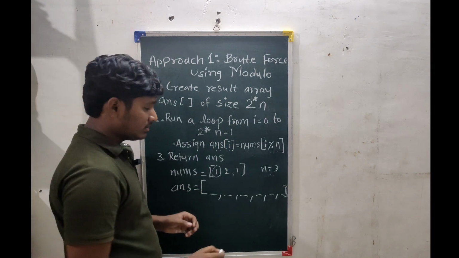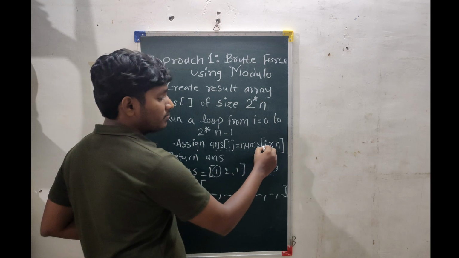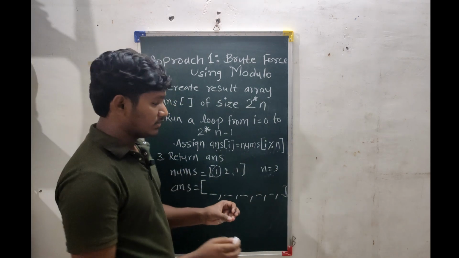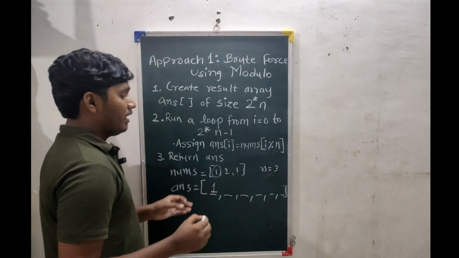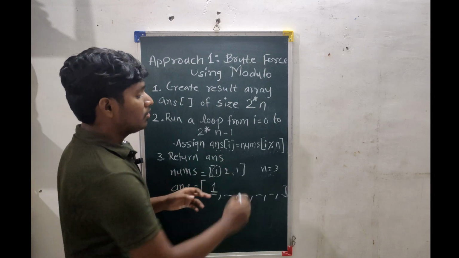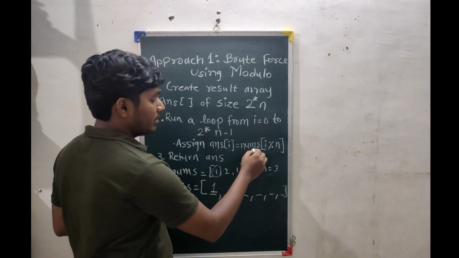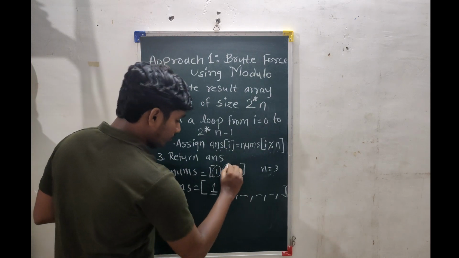So in the first iteration it assigns answer of 0 equal to nums of 0 modulo 3, and 0 modulo 3 is 0, so nums of 0, here it is 1. In the next iteration, answer of 1 is equal to nums of 1 modulo 3, and 1 modulo 3 is 1, so it assigns nums of 1 to answer of 1, and nums of 1 is 2.